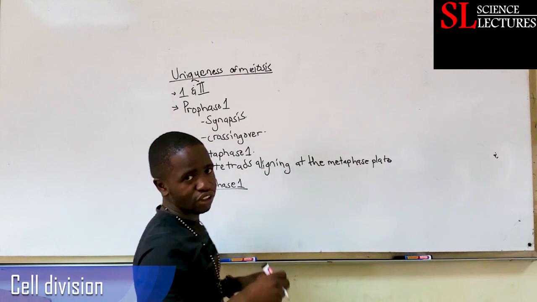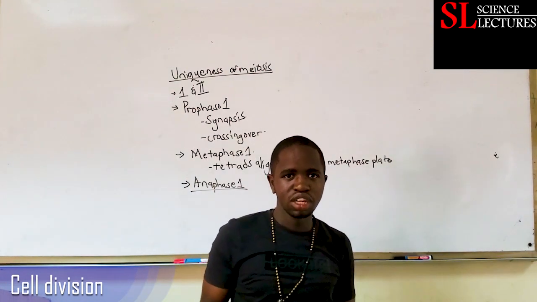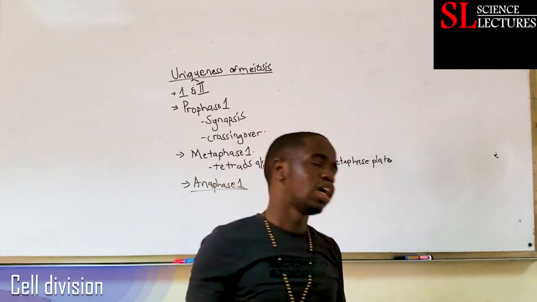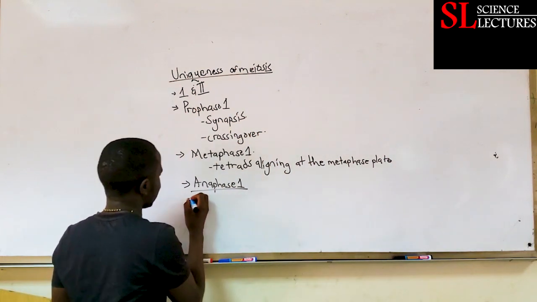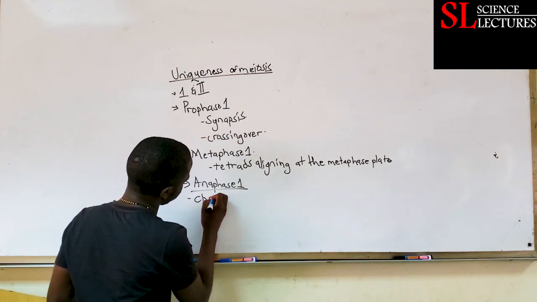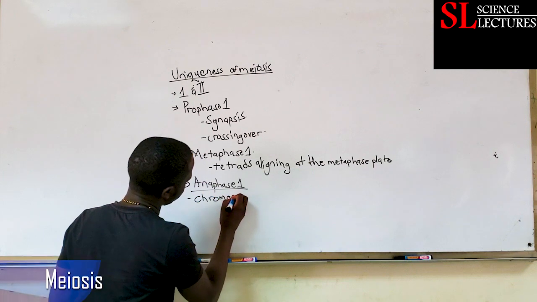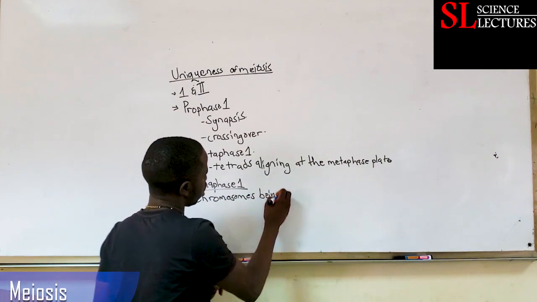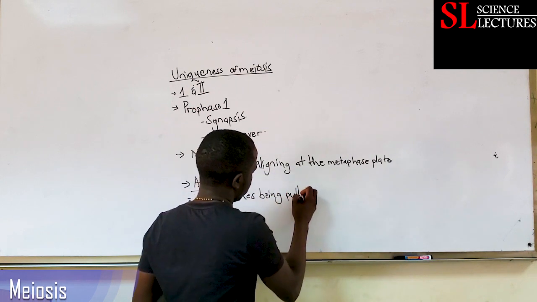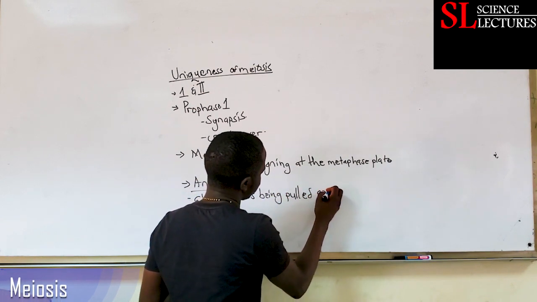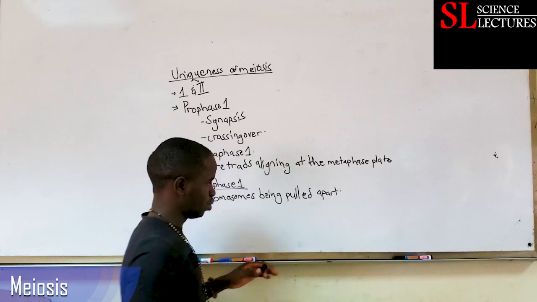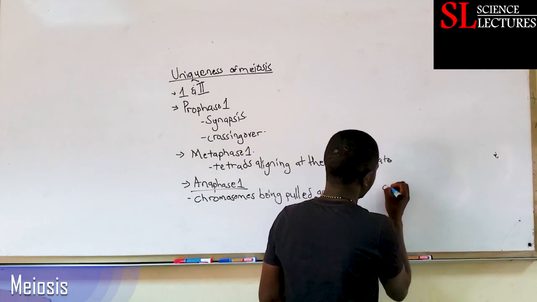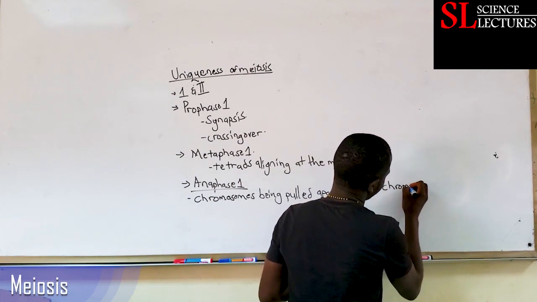Then you can also talk of anaphase 1. We say during anaphase in mitosis, the chromatids are being pulled apart. In this case, we shall have chromosomes being pulled apart. And remember our order, we usually begin with chromatin.